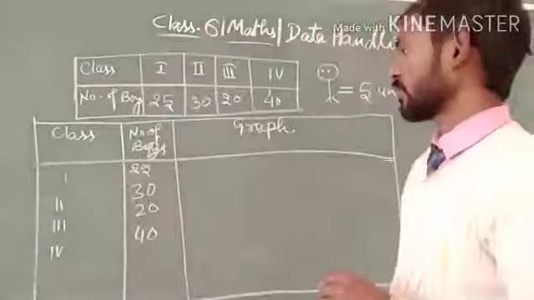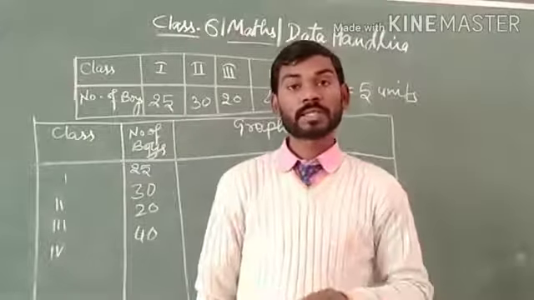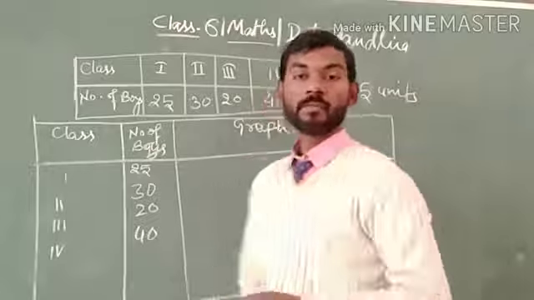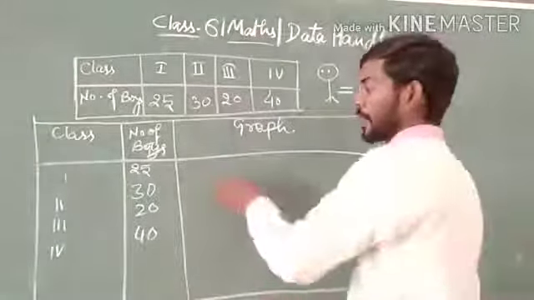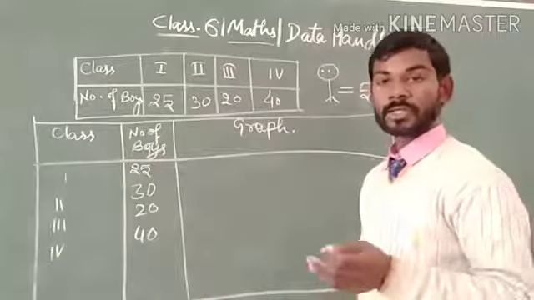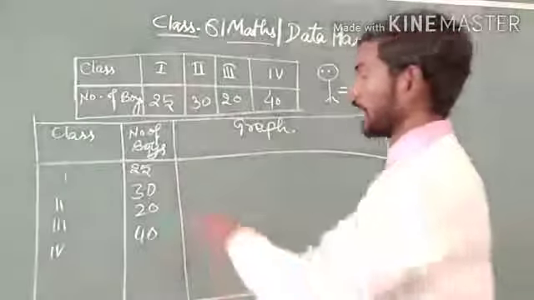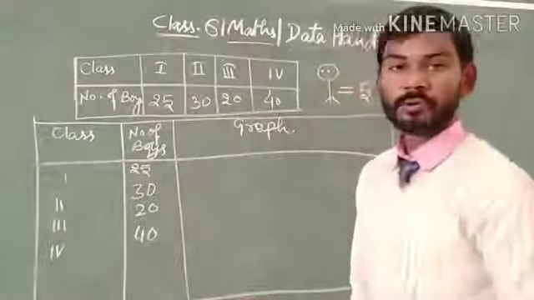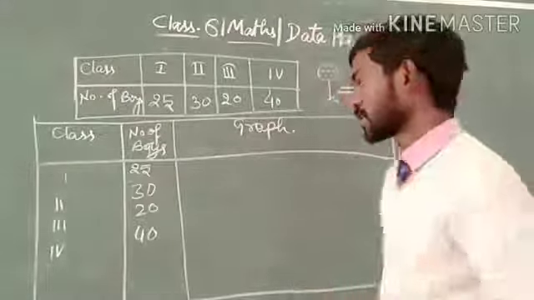Now, in class first the number of boys is 25, so how many such figures do we need to represent 25 boys on the graph? Since one figure is equal to 5 units and the overall number is 25, we need only 5 such figures.